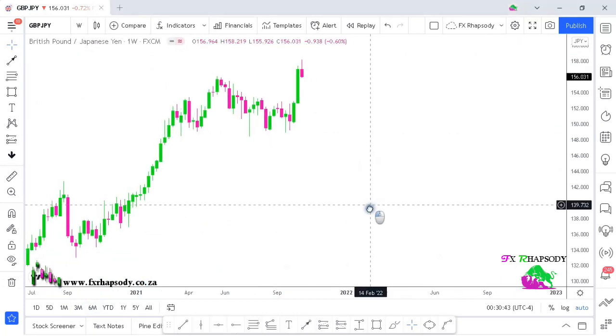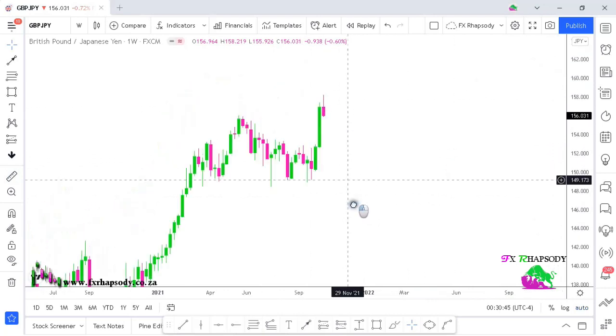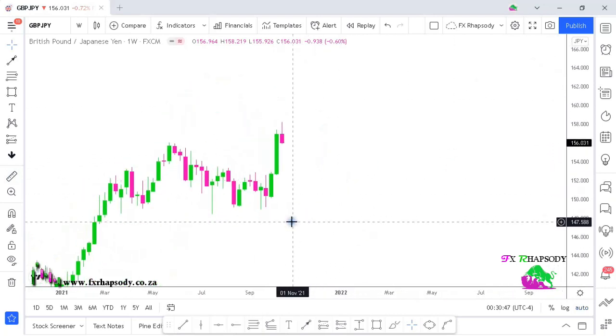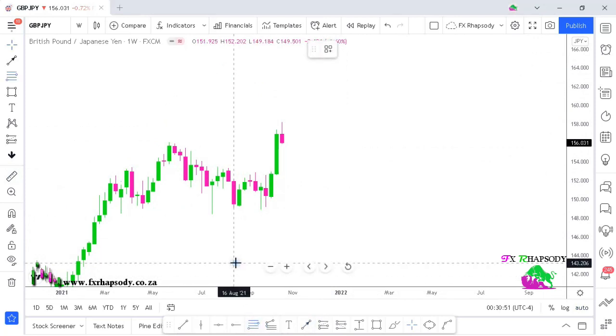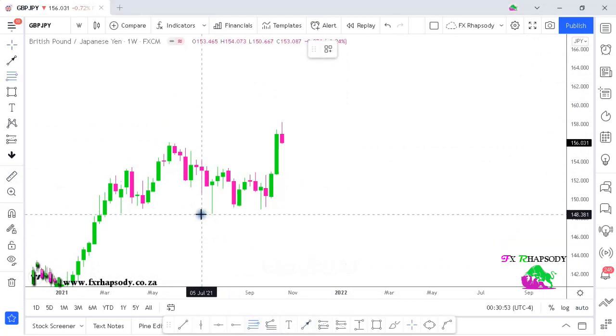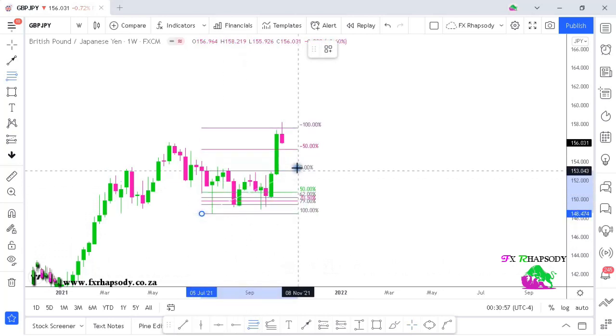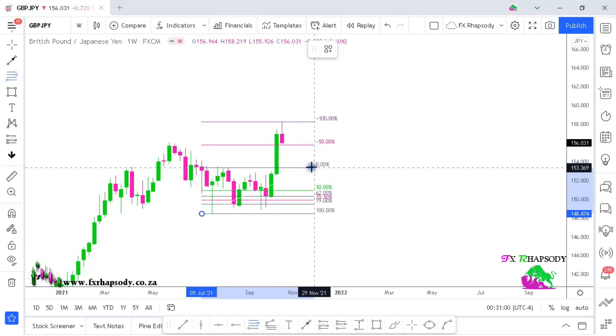On a weekly time frame, what we can see is Fibonacci. We take the Fibonacci from this swing over here to that swing. These are the swing traders.